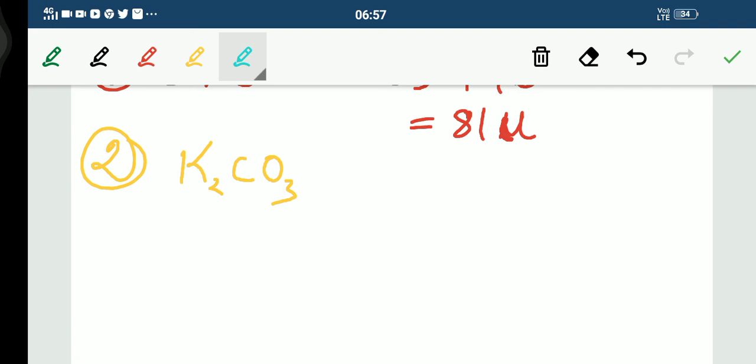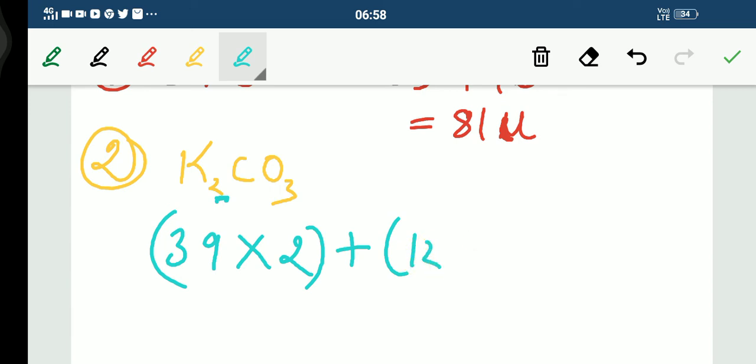See. K2 is potassium. Fine. What is the atomic mass for potassium? Quickly tell me. 39. Multiply it with 2 as 2 atoms are there. Plus, what is the atomic mass for carbon? It's 12. So 12 multiplied by 1.